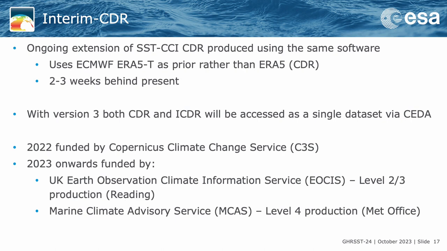The ICDR was originally funded under the Copernicus Climate Change Service for 2022, whilst 2023 onwards is provided under UK funding, with the Earth Observation Climate Information Service responsible for Level 3 and the Marine Climate Advisory Service for Level 4. For ease of use, both the CDR and ICDR will be presented as a single dataset through CEDA and the Open Data Portal.